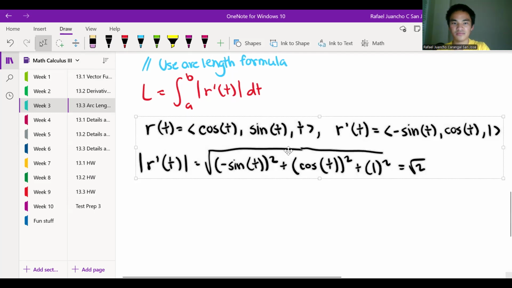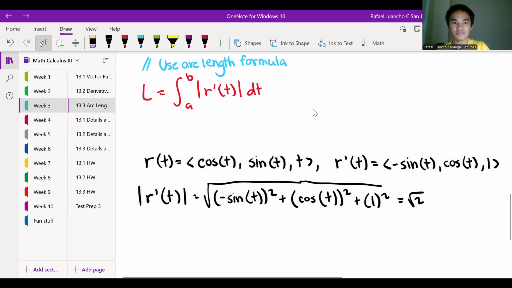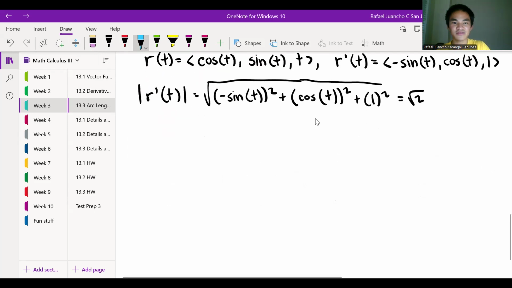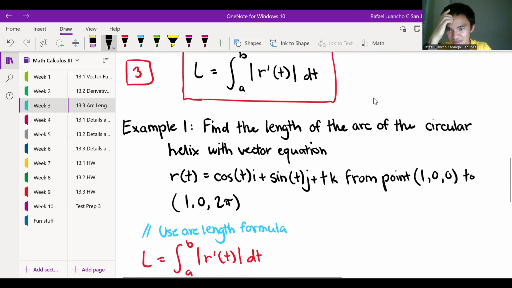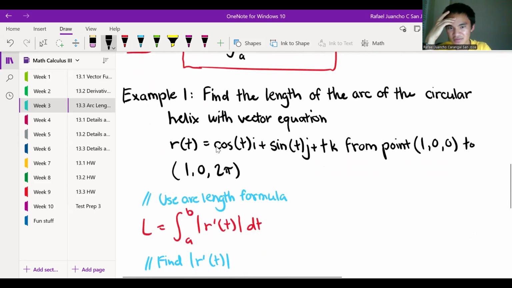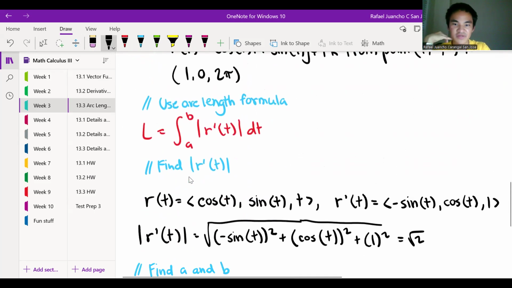So this first step is find R prime of t. Okay, now I know where to find it. So next thing is you want to find boundaries A and B. So for A and B, actually, we have to plug in these points for my position vector.